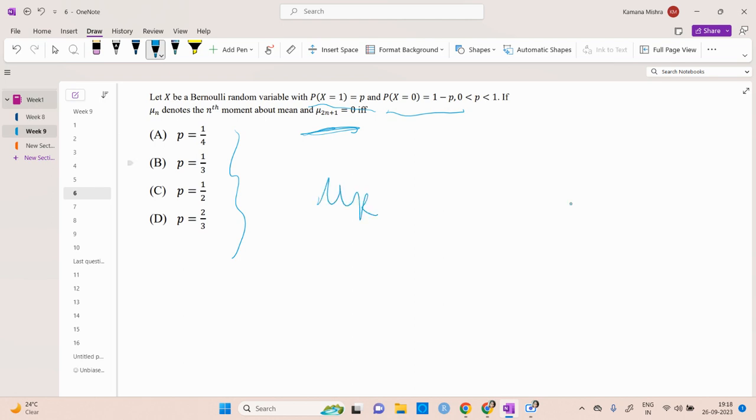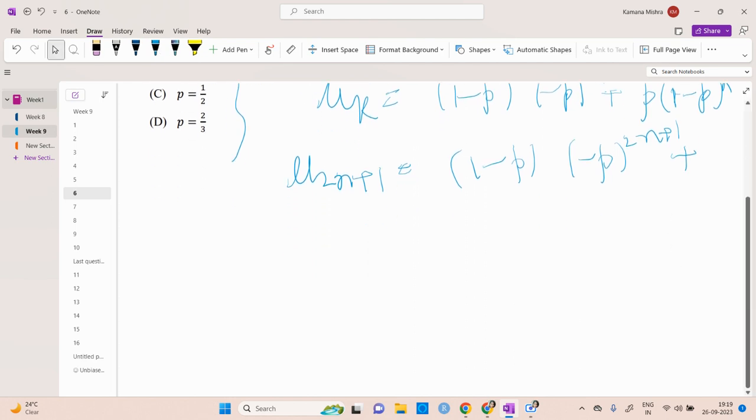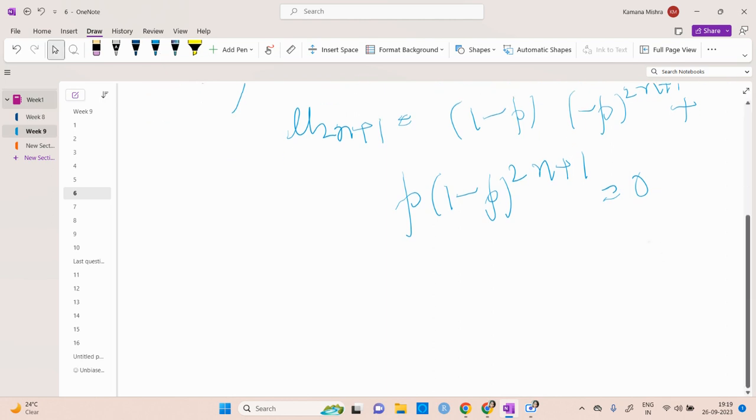So mu k is defined as (1 minus p) to the power k plus p (1 minus p) to the power k... So mu 2n plus 1 is equal to (1 minus p) to the power 2n plus 1 plus p (1 minus p) to the power 2n plus 1, which is equal to 0, right?